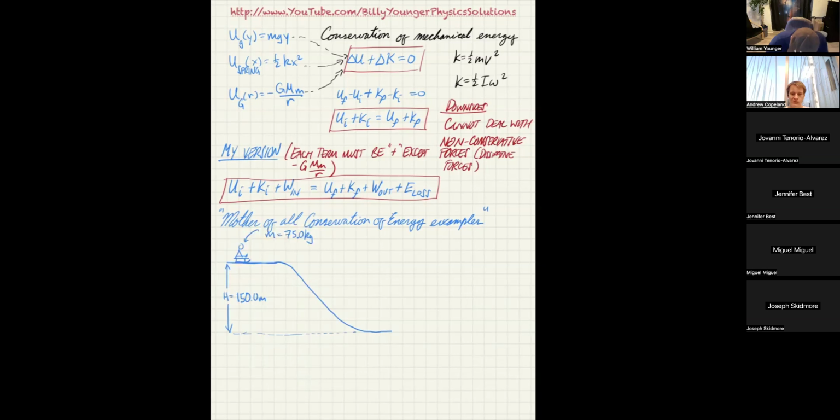And what I'm going to say is this kid has a father that is pushing them with a force that is horizontal and has a magnitude of 100 newtons, and they're going to push it a distance of 3.00.